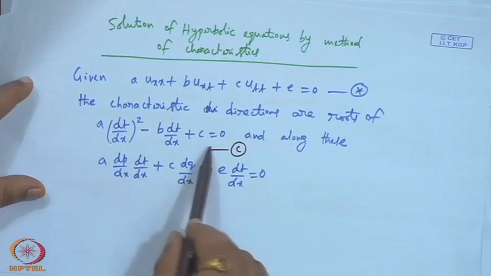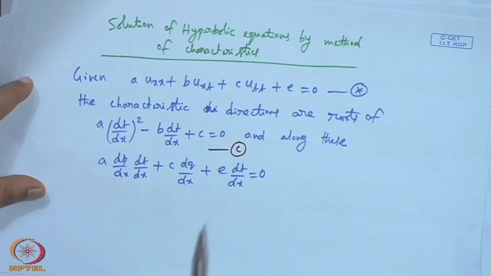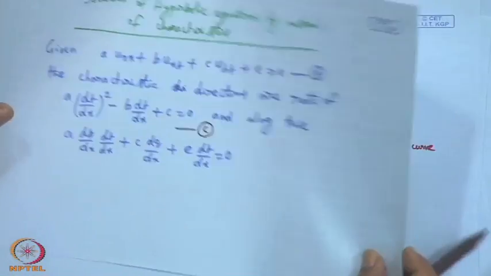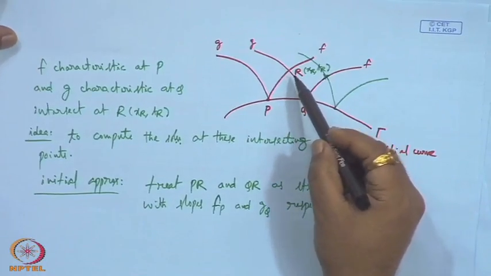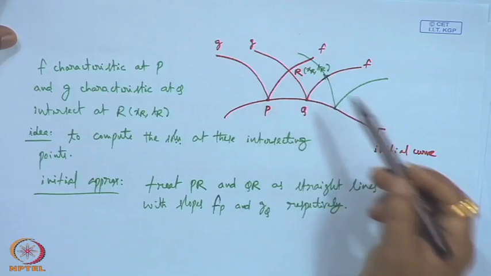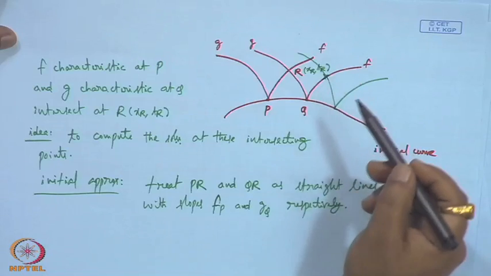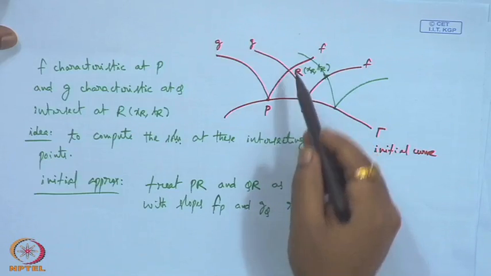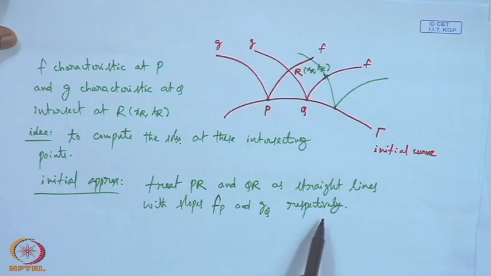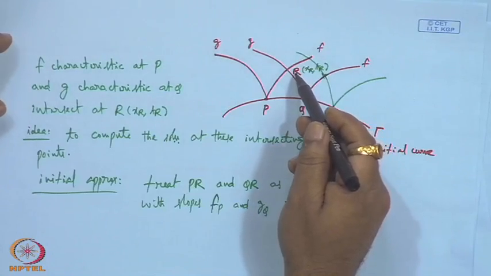So, these are the characteristic directions on which this relation is satisfied. Okay. So, then making use of this, we compute the grid as an intersection of the characteristics, and at each grid point we have to calculate the solution. However, to calculate we need the grid points.